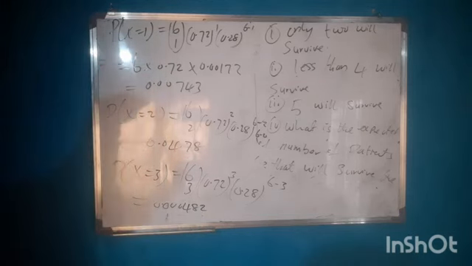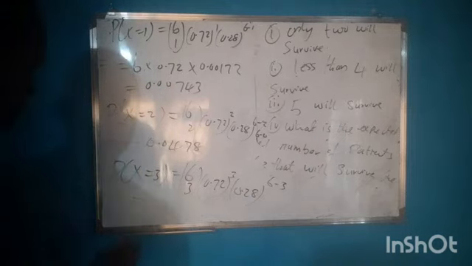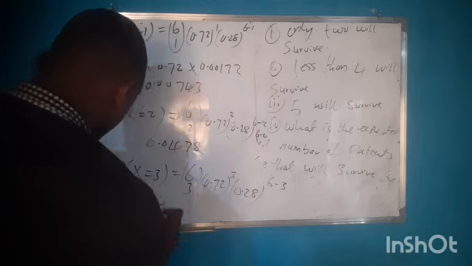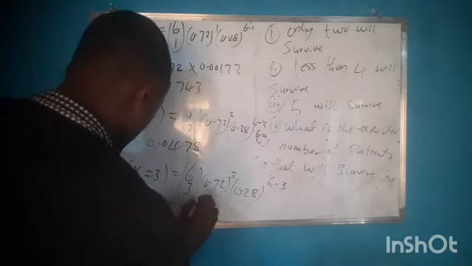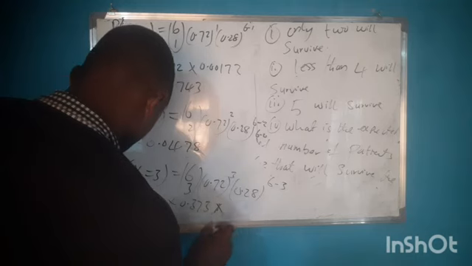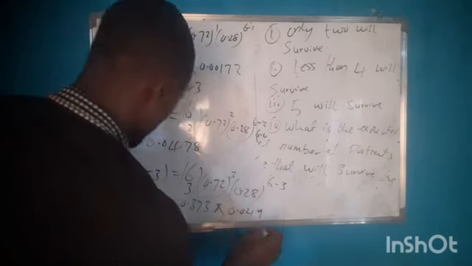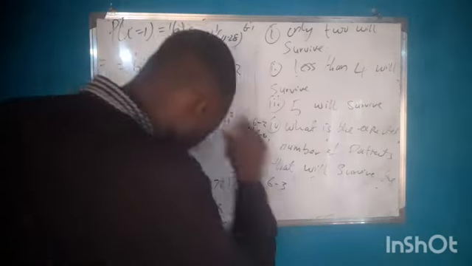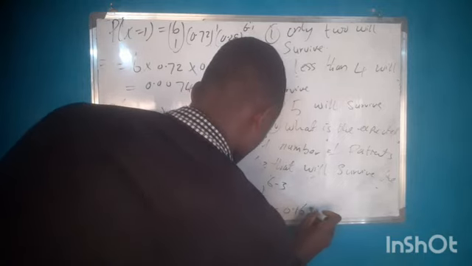This is equal to 20 times 0.373 times 0.0219, which is equal to 0.1636.